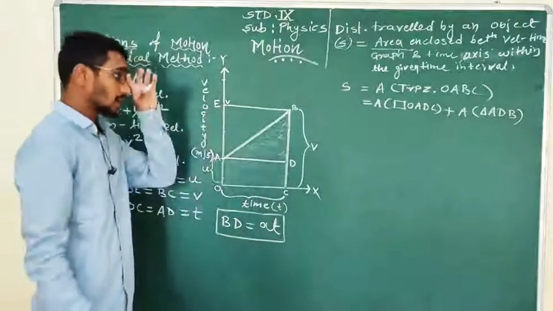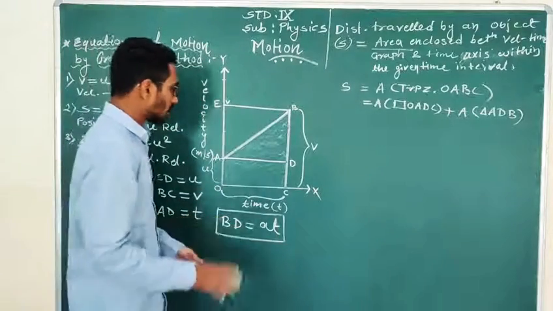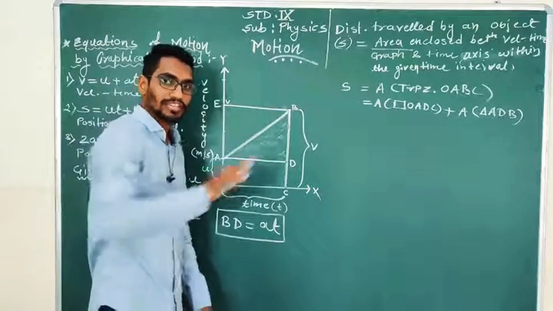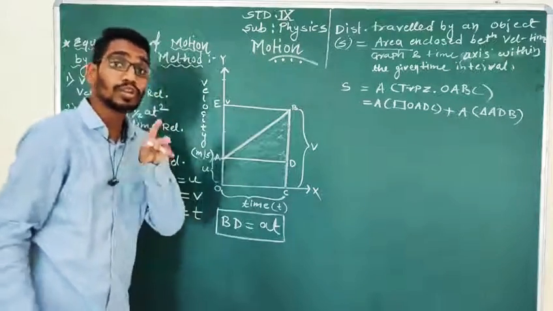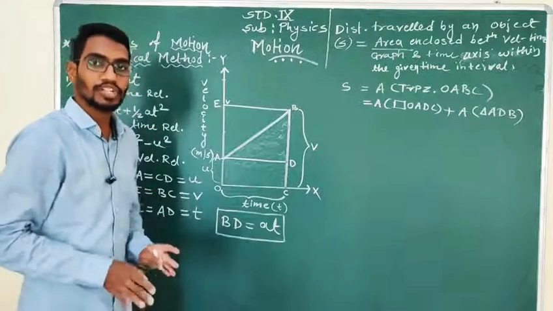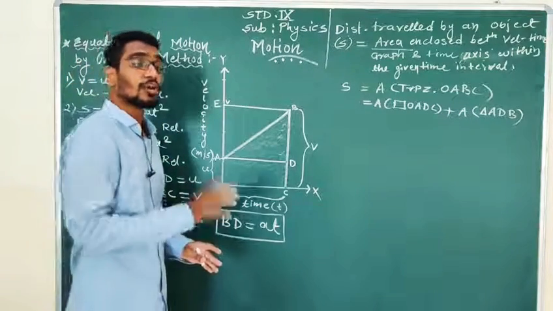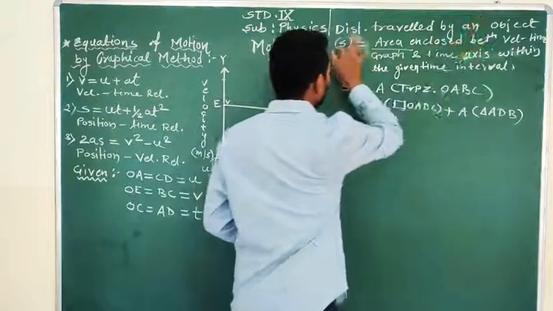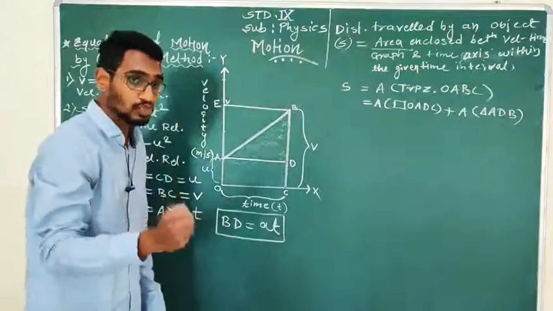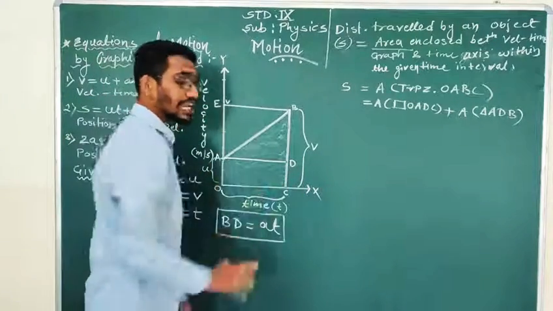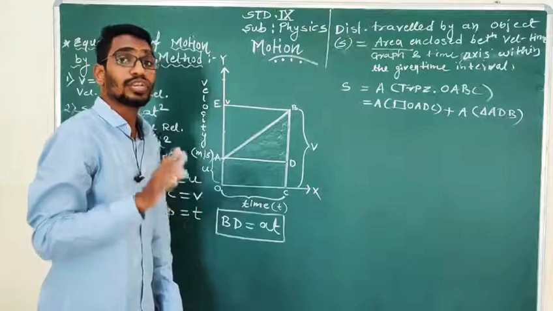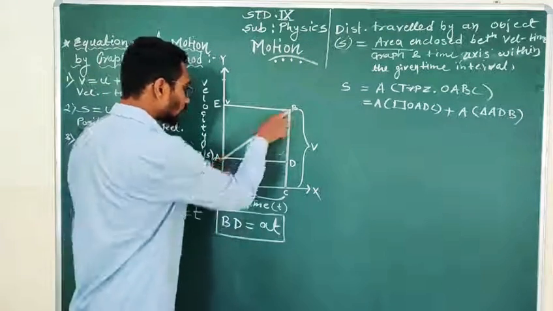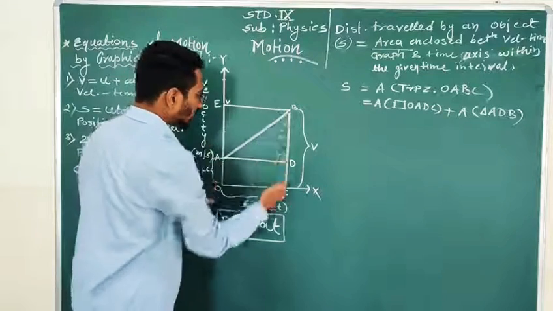Let me repeat once again. We have to find, when the object displaces from point A to point B uniformly accelerated, the displacement of the object. Displacement of an object is nothing but the amount of distance it travelled. So the distance travelled by an object, small s, is equal to, so if you have to find displacement, and velocity and time are given on the axes, you can calculate the displacement by taking the area enclosed between the velocity time graph and time axis within the given time interval.